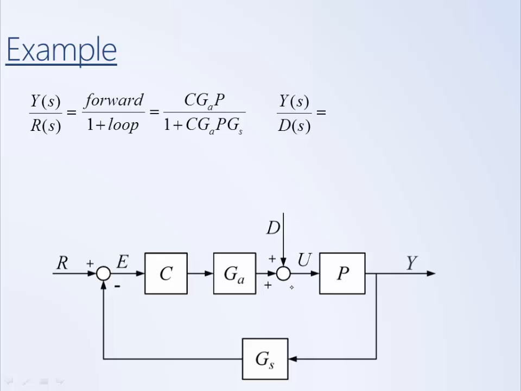So if we go from D to Y, the only element in the forward path is P. So that's going to become our numerator.